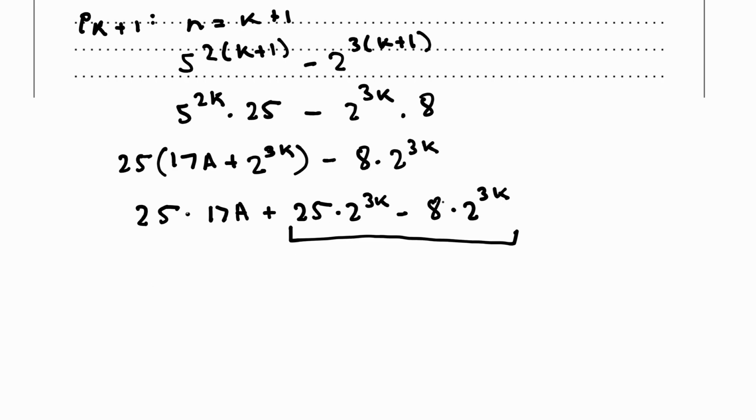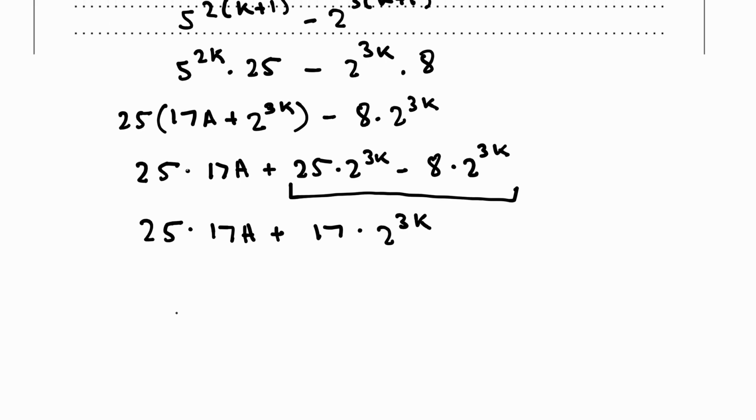Because 25 minus 8, right? So I can rewrite this as 25 into 17A plus 17 times 2 to the power of 3k, right? All I did was 25 minus 8 into 2 to the power of 3k, right? That's the simple exponential rule.